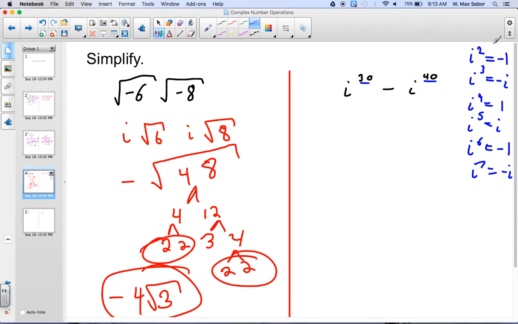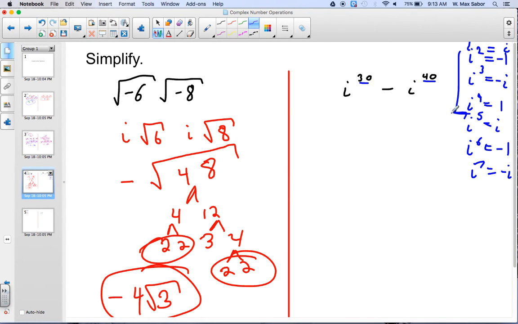This pattern repeats every 4. So if I write i equals i, and then I continue out to i to the 8th equals 1, every 4 it repeats. So every multiple of 4 is going to be 1. In other words, i to the 28th is 1.